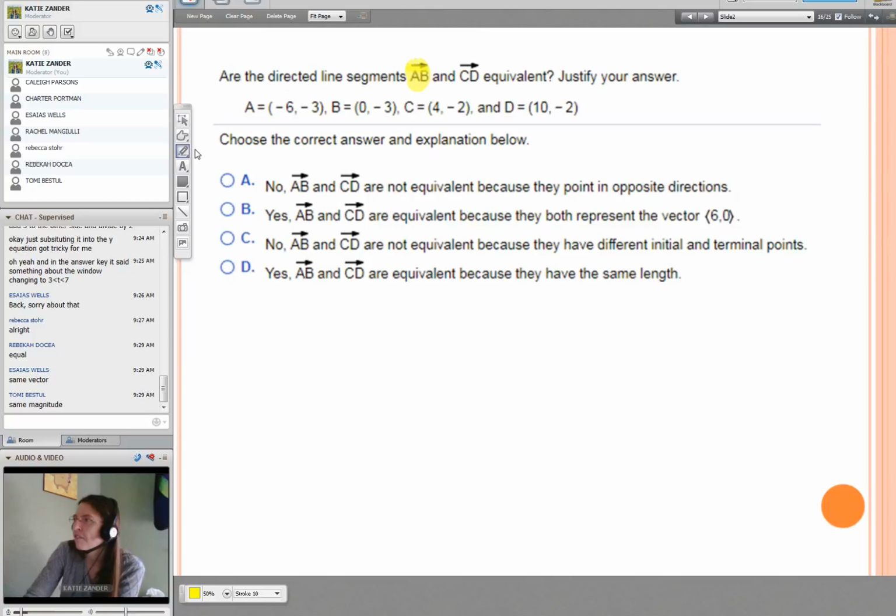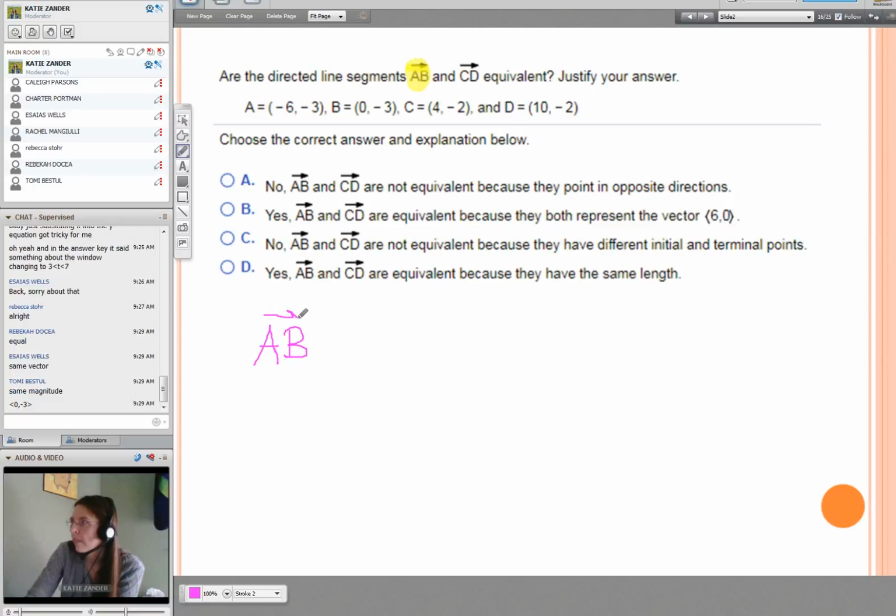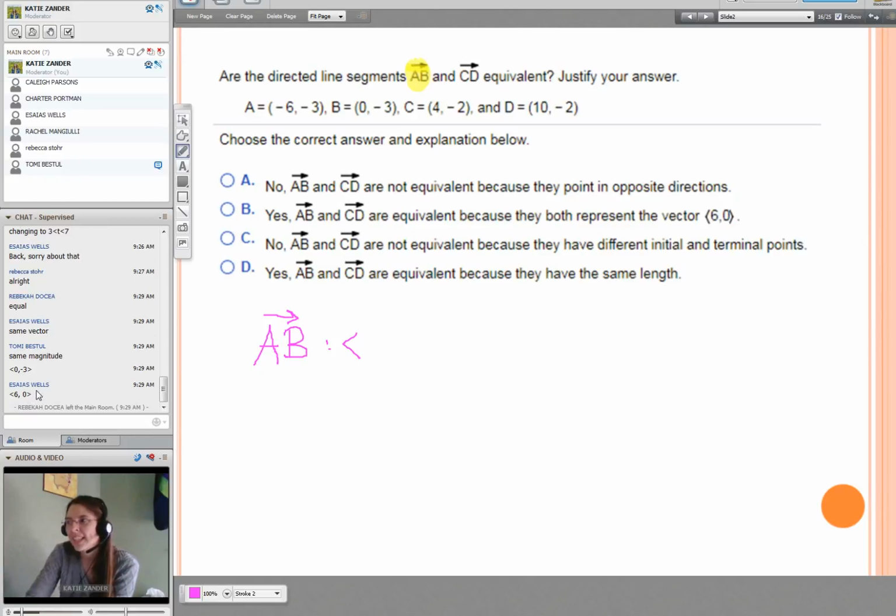What do we get for the vector AB in component form? We actually should get the 6, 0.